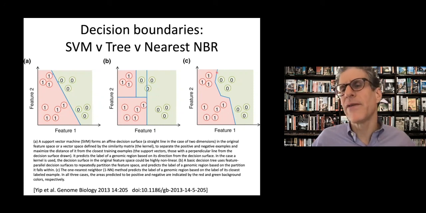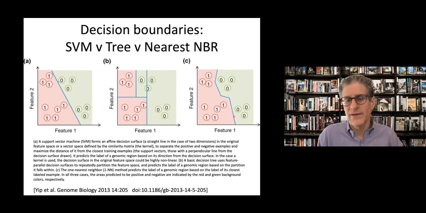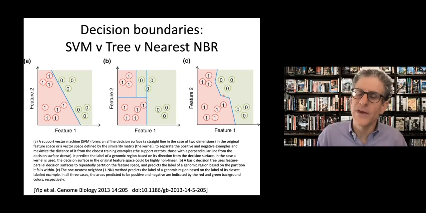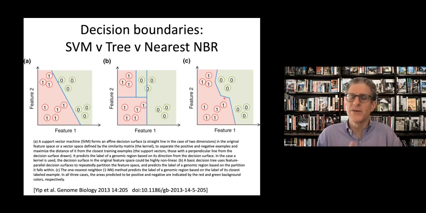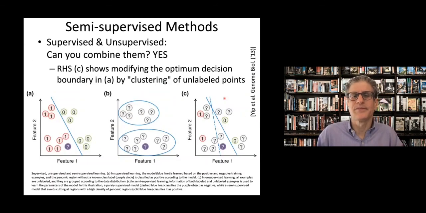And then I should point out there are other methods, which we're not going to talk about, like the k-nearest neighbor method, that construct a decision boundary in an even different way. They'll also get a very jagged boundary, but it maybe won't have the same jagged characteristics as the support vector machine or the decision trees. Another aspect of the decision boundary is that we're going to be talking in a second about unsupervised methods.